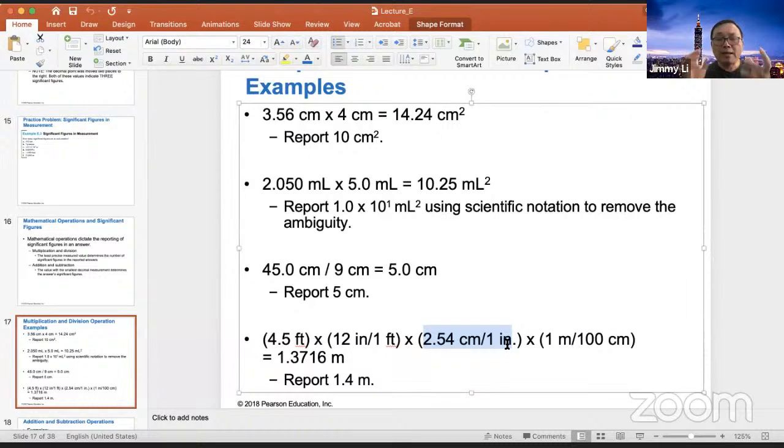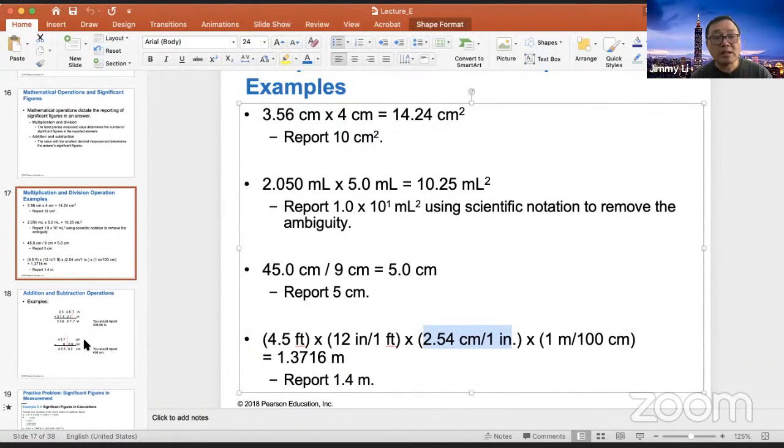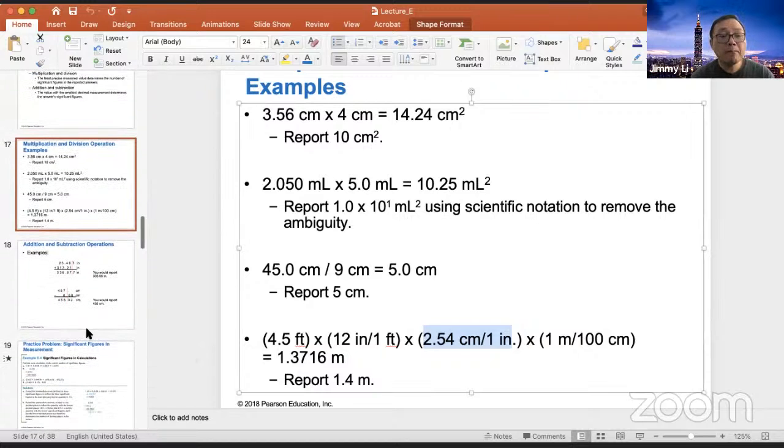So dimensional analysis is not going to be counted for your significant figures. So ignore that conversion factor. What you need to do here is just count the first term, 4.5. Because 4.5 has two significant figures, your answer is given as two significant figures here.